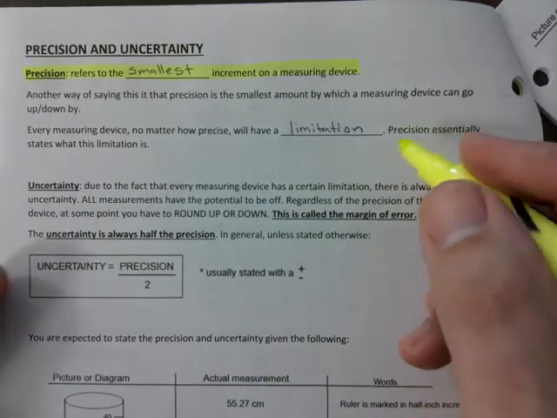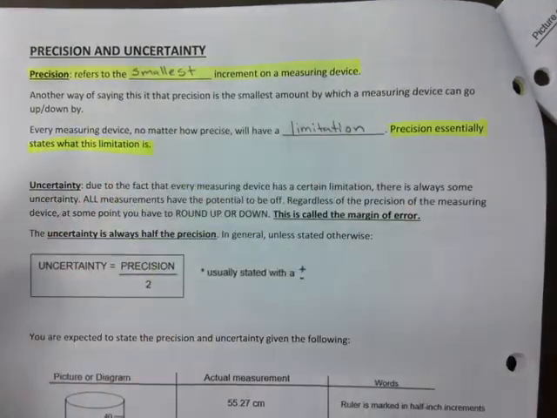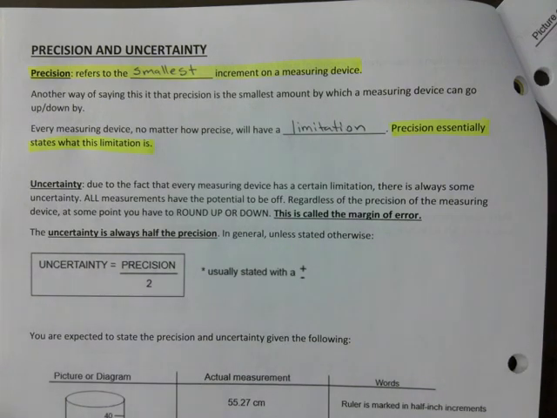Okay, can I highlight that as well? That's another good way of thinking of precision. So NASA might have the most sophisticated apparatus to measure something, but at some point, it's limited. It has to round at some point, okay?